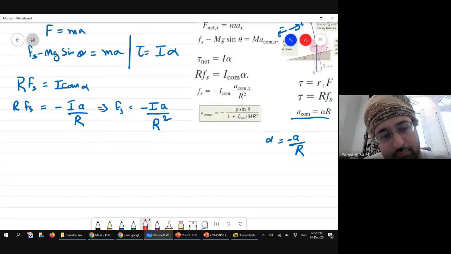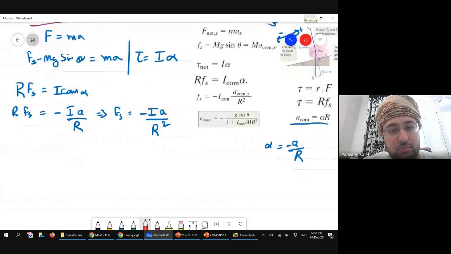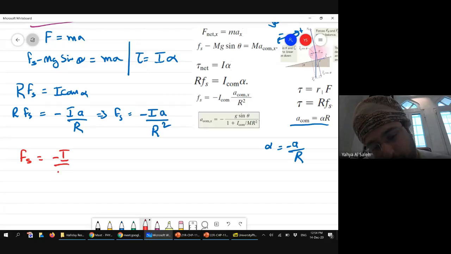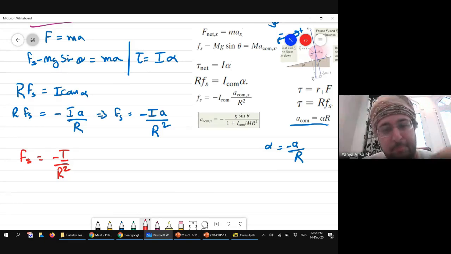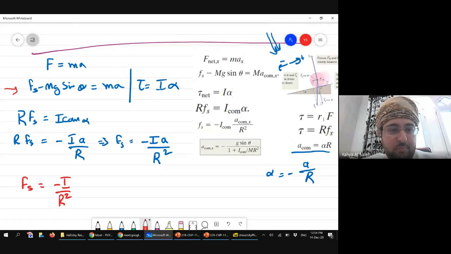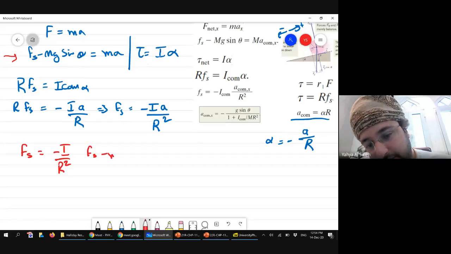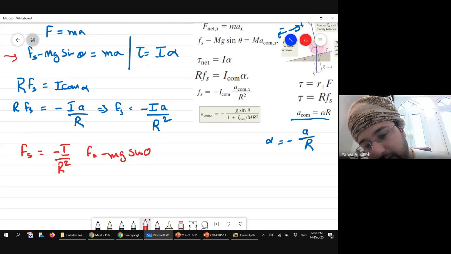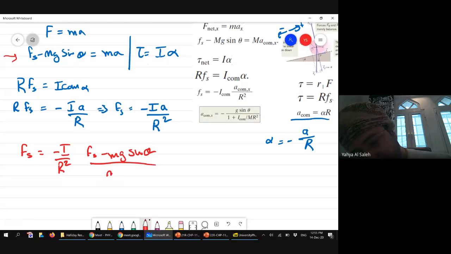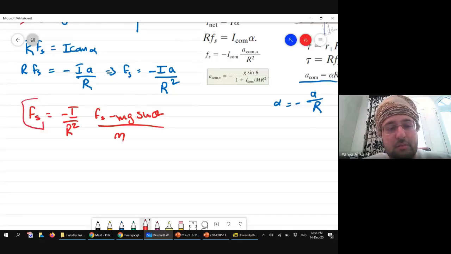Now, I need to substitute the A. Fs equals minus I over R squared. I'll take it out. But my A is, from this, my A is Fs minus mg sine theta divided by m. Now I have Fs here and Fs here.